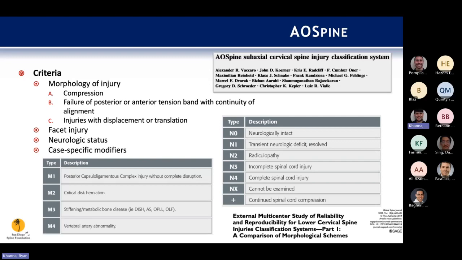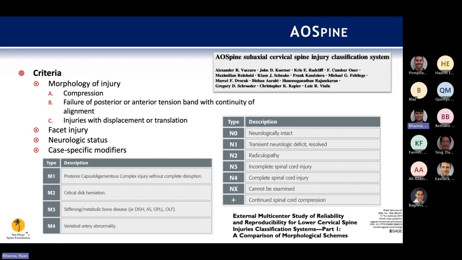Morphology, similar to what we presented in the prior classification system, including whether the facet joint was injured or not. The neurologic status: as you can see here in that table, starting with N0, neurologically intact, the main thing is they had a plus modifier, saying that if there's ongoing compression in the setting of an incomplete neurological deficit or nerve injury, we have a plus modifier.